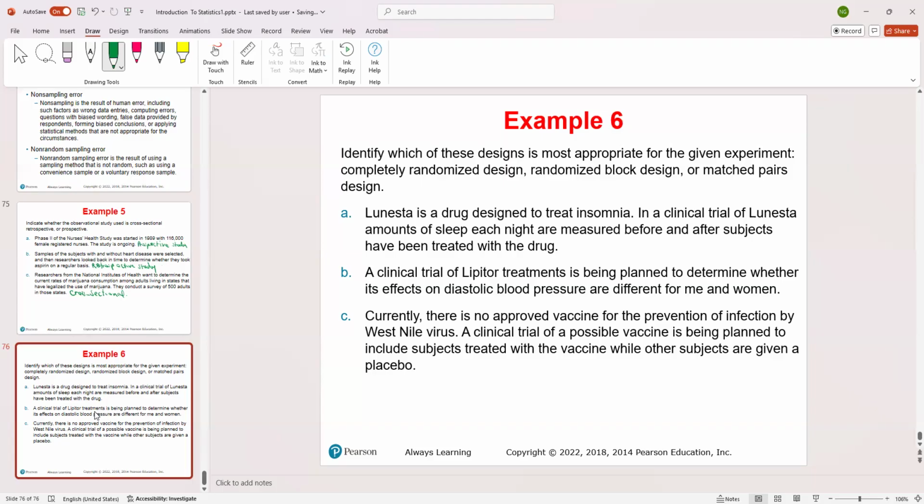But matched pair design compares two treatment groups, such as treatment and placebo, by using subjects matched in pairs that are somehow related or have similar characteristics. If you have before and after, that's matched pair design. It might consist of measurements from subjects before and after some treatment. So this is matched pair.